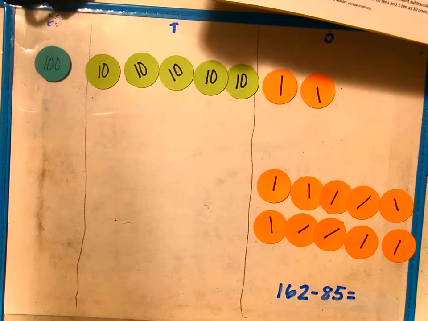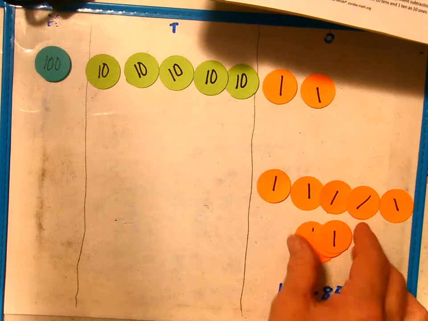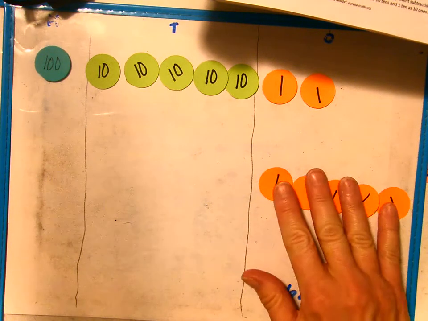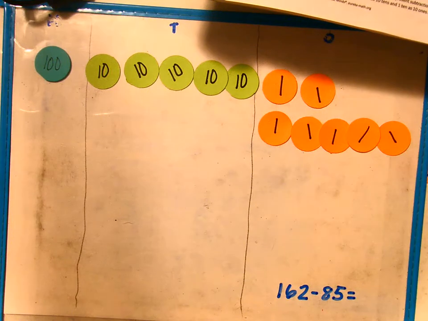Now, can I take away 5? Absolutely. There's a group of 5 right there. I'm taking those. So just going to move that up into one group. So I've taken away my ones. I took away 5.